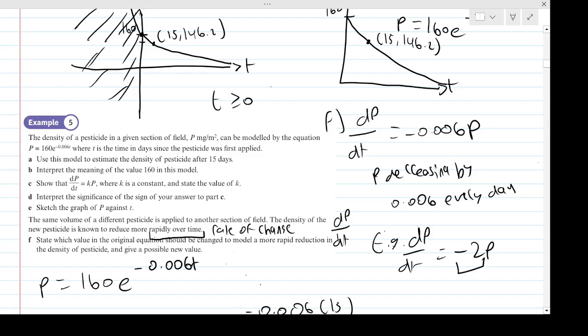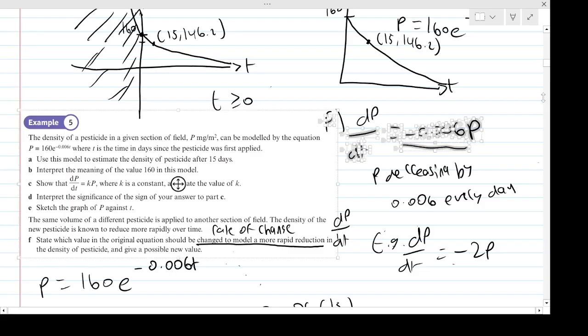That's a sharper decrease, right? It's reducing more rapidly if we make it more negative. So this minus 0.006 has to be more negative. It has to be like minus 2, minus 10, minus 100, but it'll decrease by a larger amount, okay?